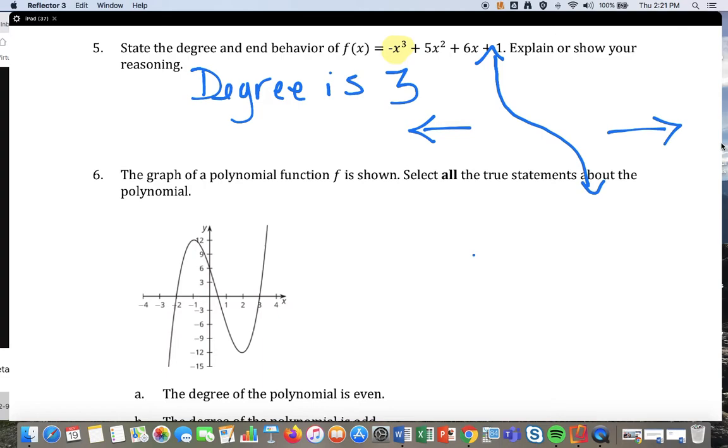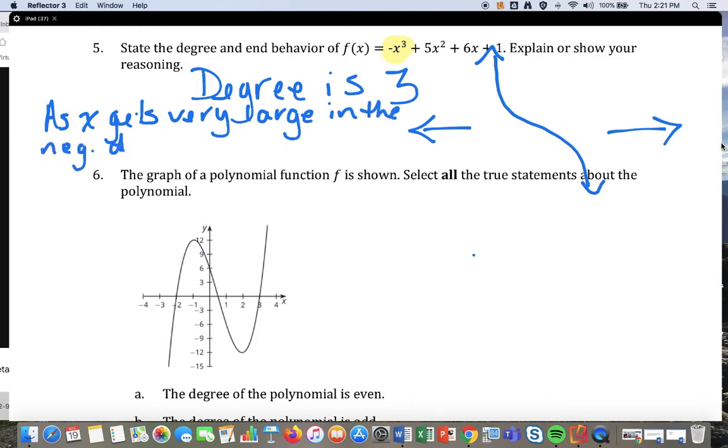So this is going to be, as x gets very large in the negative direction, f of x gets very large positively.